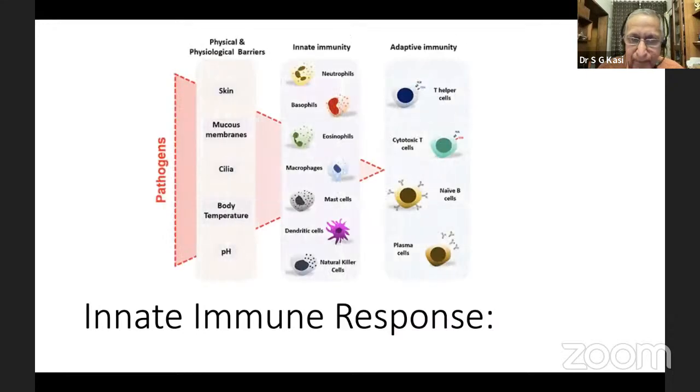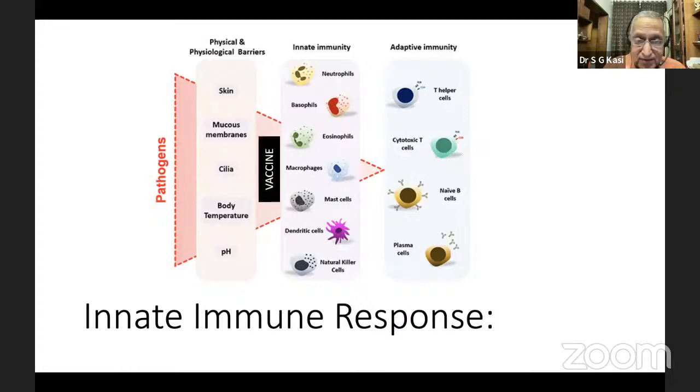Now, when a pathogen enters the body, there are three barriers. The first are the physiological and physical. You have the skin, you have the mucous membrane, cilia, the body temperature, you have the pH, you have secretions like the tears, you have the gastric juice, which to a great extent reduces the bacterial load. The next barrier is the innate immunity, and finally, we have the adaptive immunity.